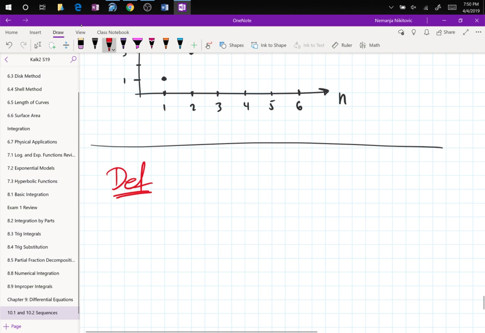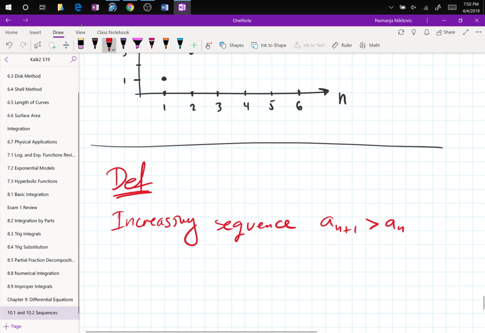Do we all understand the concept of an increasing sequence? Keeps increasing. So for an increasing sequence, the formula is a_(n+1) is bigger than a_n.